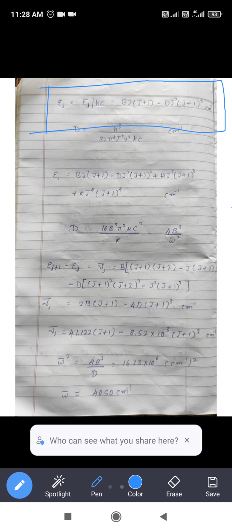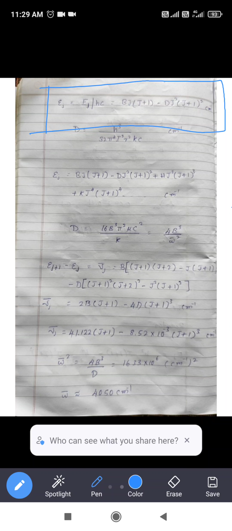So here I convert joule into centimeter inverse, wave number, which is equal to B times j into j plus 1 minus D times j square into j plus 1 whole square in terms of centimeter inverse. So there are two constants, B and D.